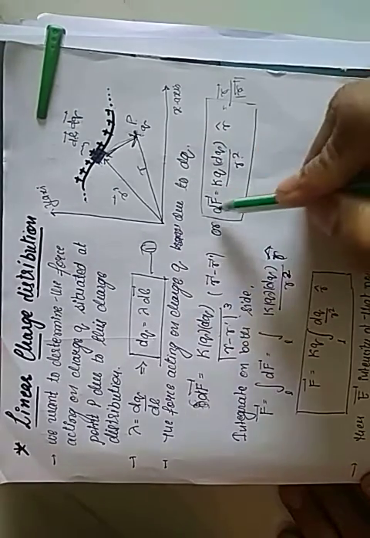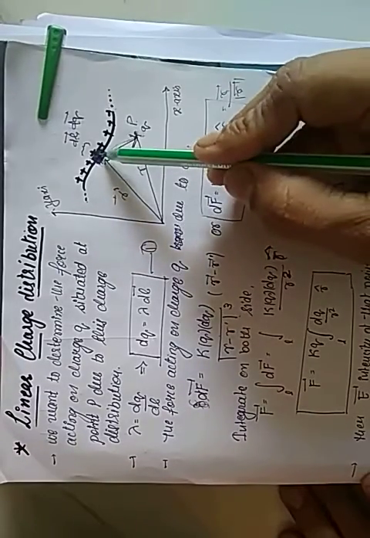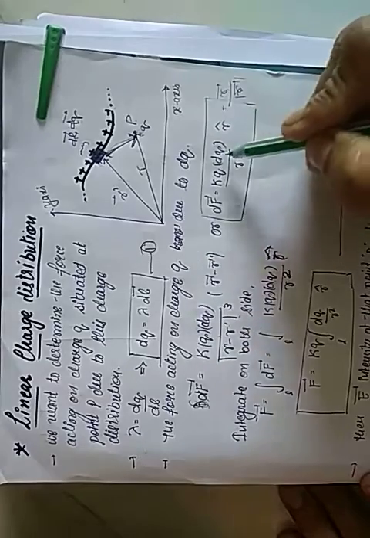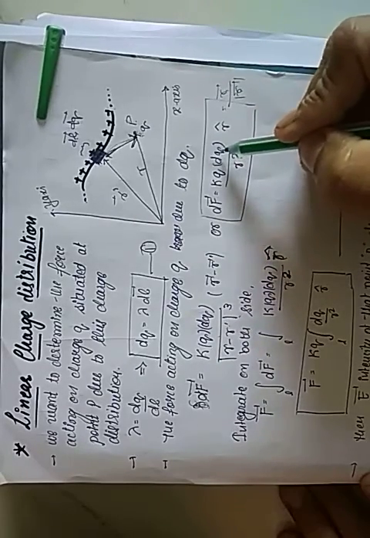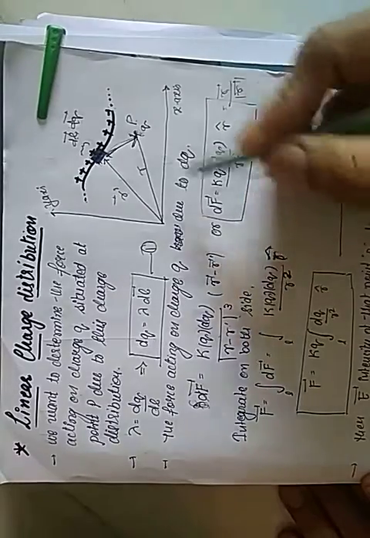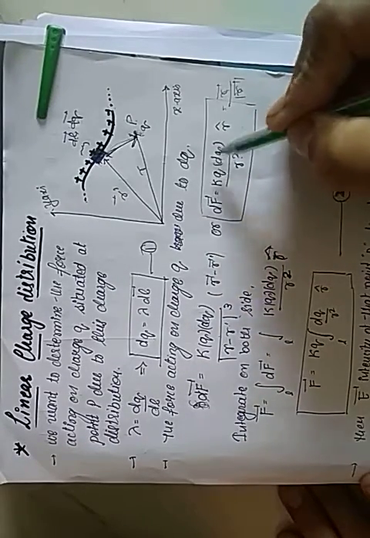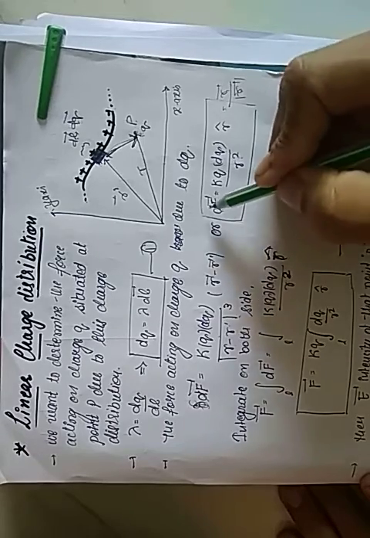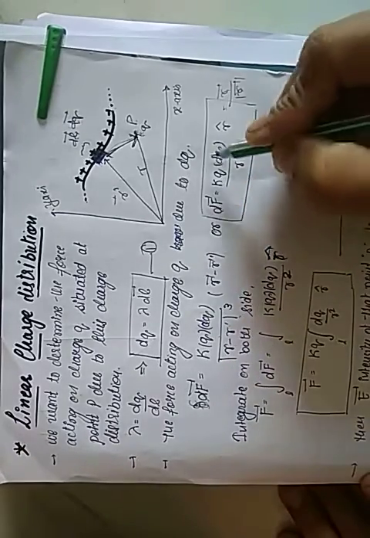Now here the force is a differential, because one charge is differential and the other charge is q. We don't want the differential, so what to do? We have to integrate. If the charge is differential, then the force is also differential. If we want the total force, integrate both sides.